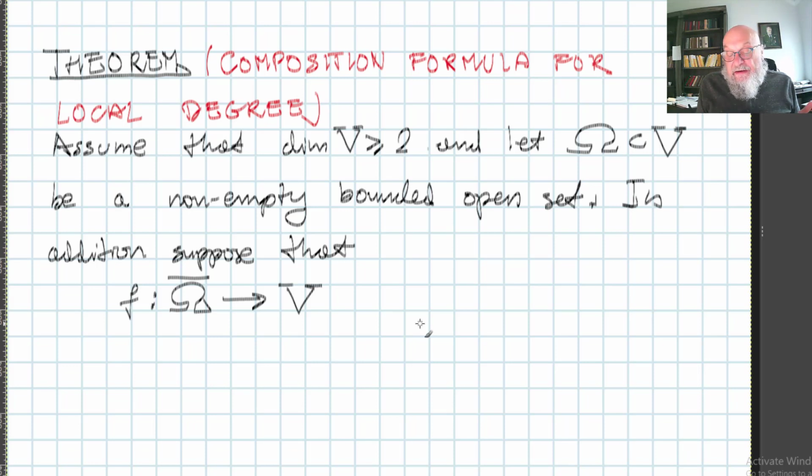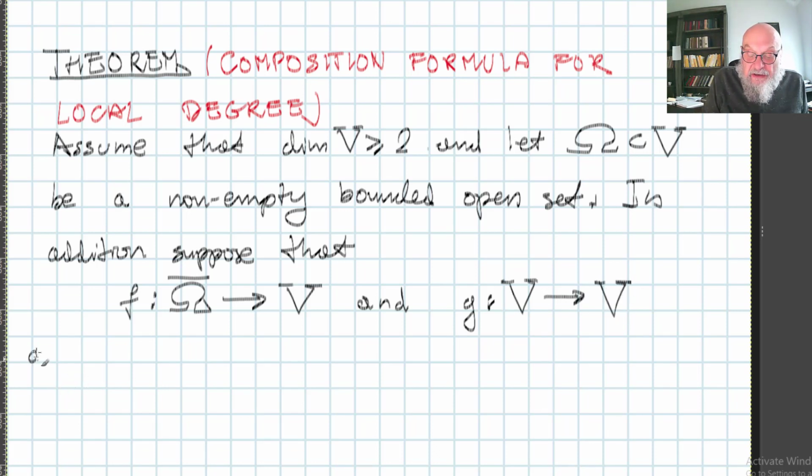You can always remember that by Tietze's extension formula, every continuous map defined on the closed subset, in our case in the Euclidean space, can be extended to the whole space. So that's not a problem here. And G is just a map from V to V.